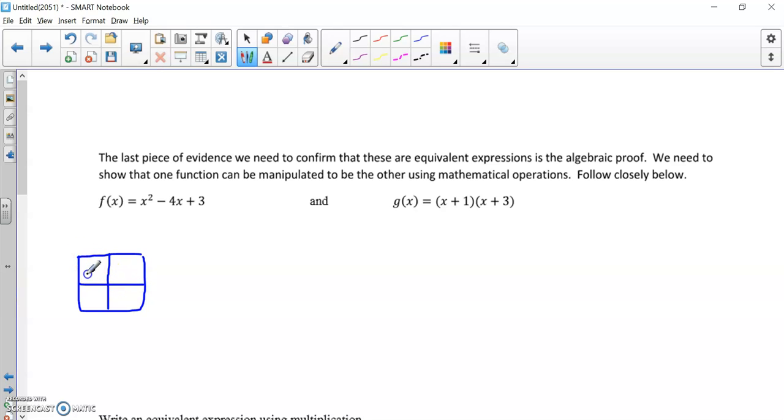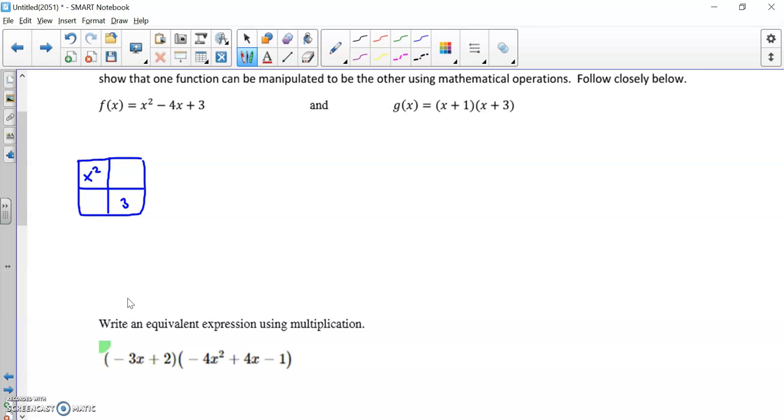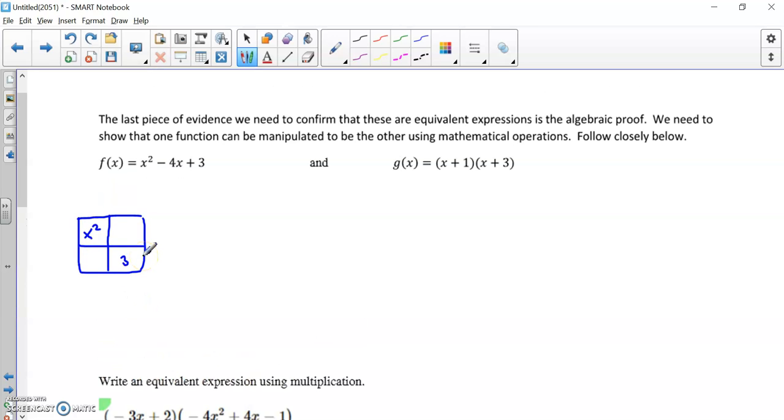Alright, so we got first term up here, third term down here. Hopefully you guys remember how to do this. I know we've done a lot of it. Alright, and now it's time for the diamond. So first term times the third term gets us the top of the diamond, and the middle term gets us the bottom.